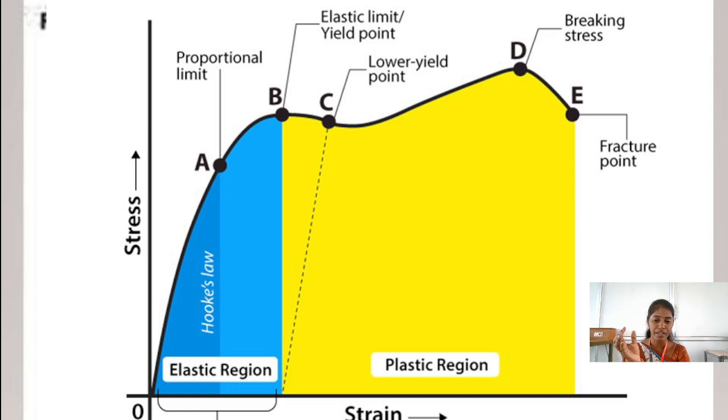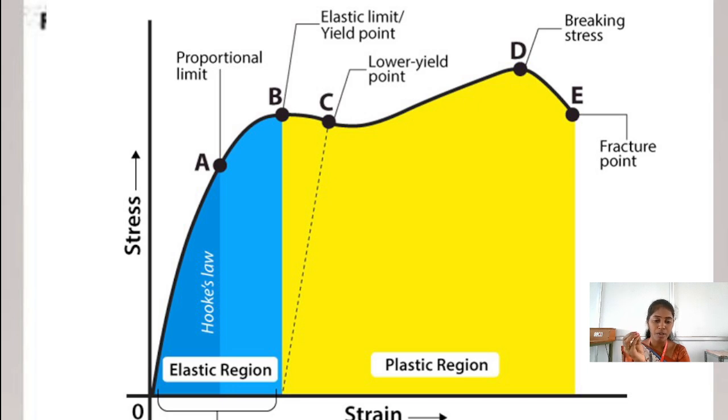So after point A, while increasing stress, strain also increases, but not gradually. It will not obey Hooke's law. So a smaller amount of stress will cause a maximum amount of strain here. Okay. So next, point B is called the elastic limit or yield point.